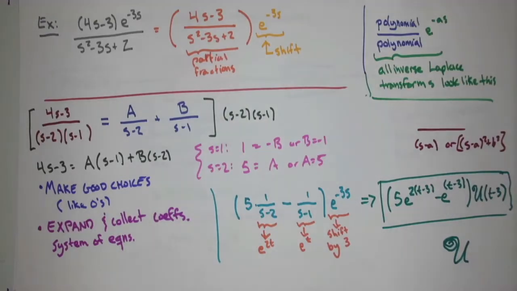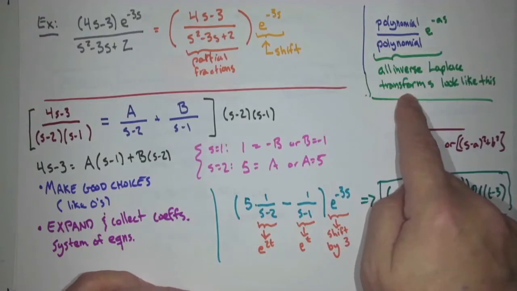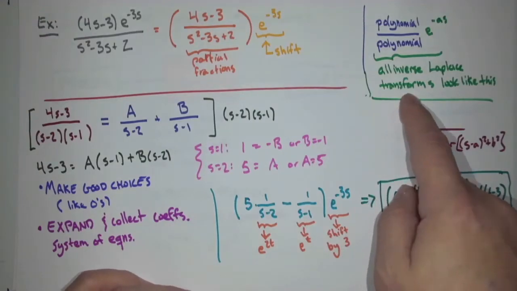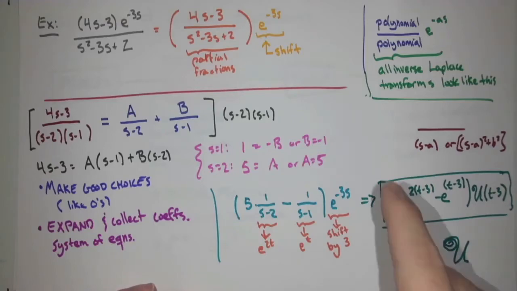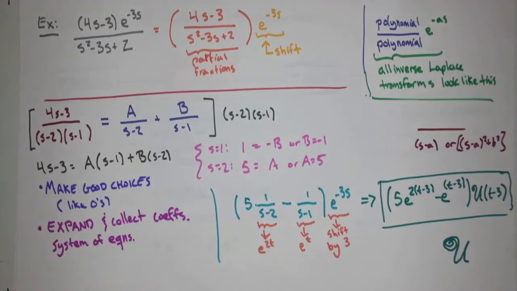Now, like I said, all inverse Laplace transform problems take this form. So you should expect it. In fact, we know there's going to be an inverse Laplace transform problem, so you have to be ready to handle that. But once you have the procedure down, you're good to go. What do you set this equal to at the end?